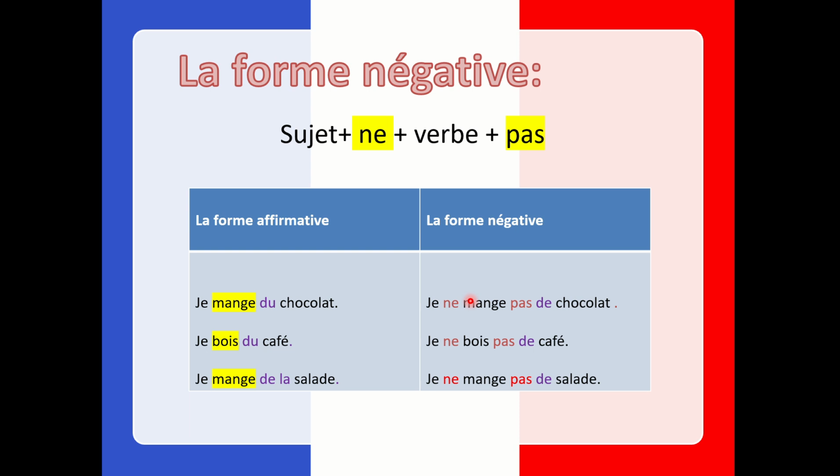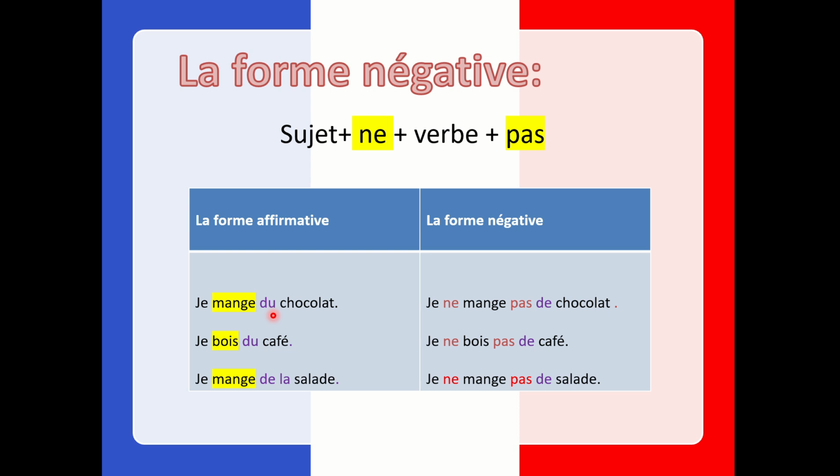Bravo. Now, what is the second change I made from la forme affirmative to la forme négative? First, I added ne and pas before and after the verb. And what happened to l'article partitif? What I told you? All articles partitifs will be de in the negative form. So if you have du, you will put de.